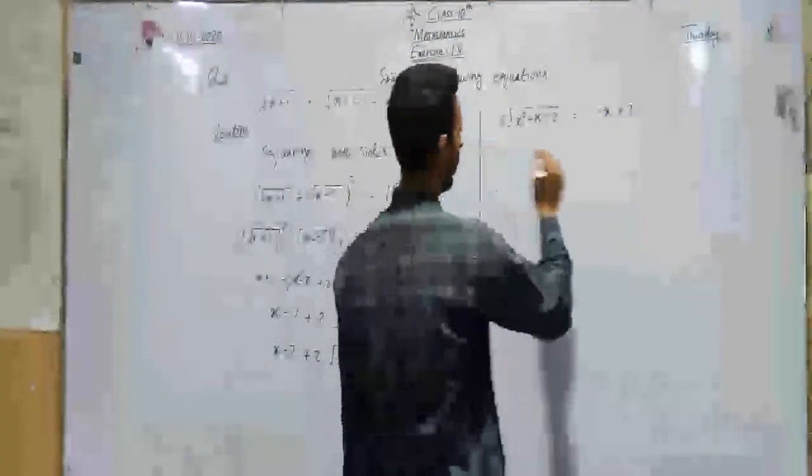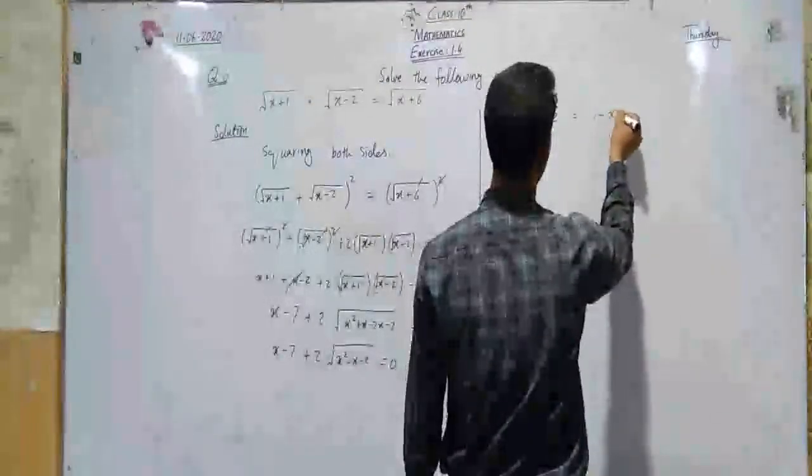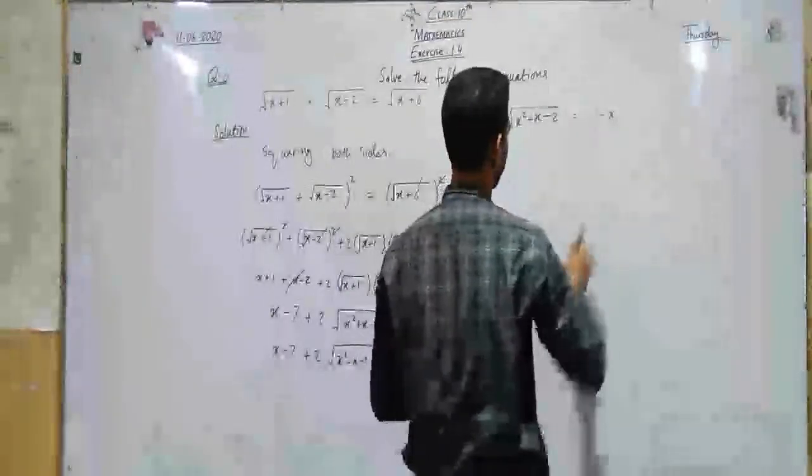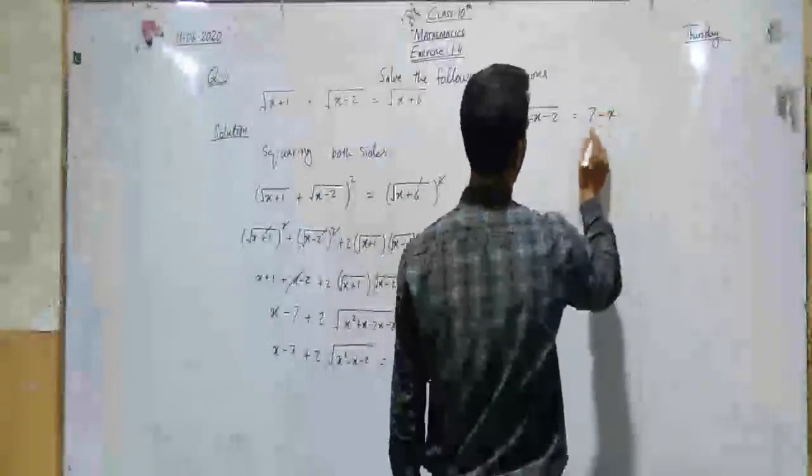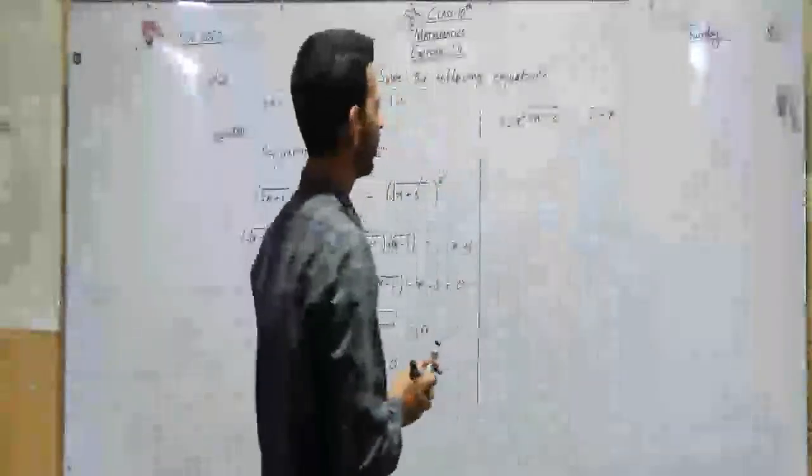Or we can just solve it like this. We can just take square on both sides, and we can write this like 7 minus x, because it is minus here, so we just put the x on the other side.